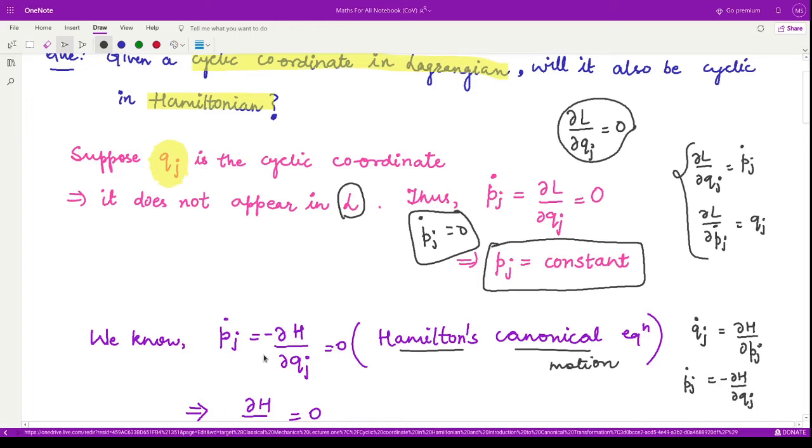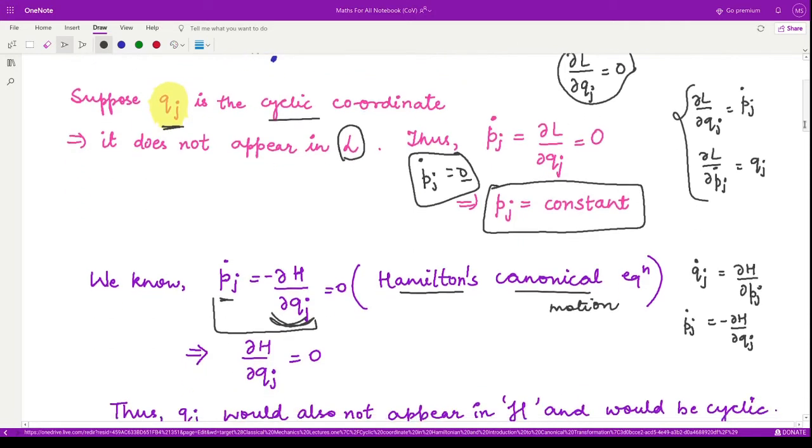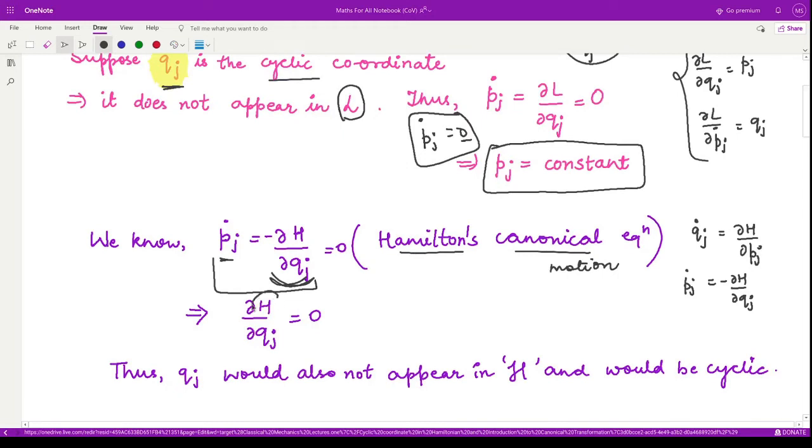We know from previously, because qj is given to be a cyclic coordinate, that pj dot is 0. So if pj dot is 0, this quantity is also equal to 0. That means in the corresponding Hamiltonian H, the coordinate qj will not appear, and hence it is a cyclic coordinate.